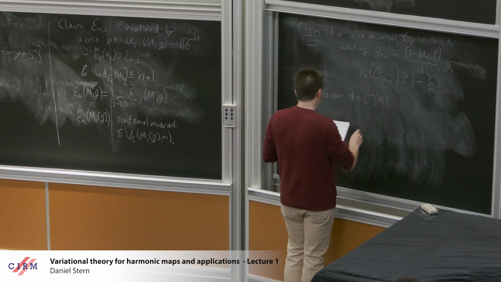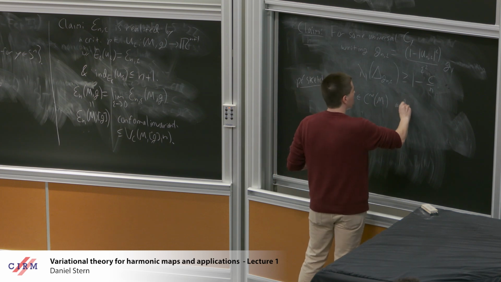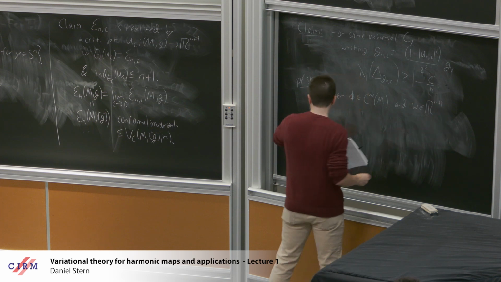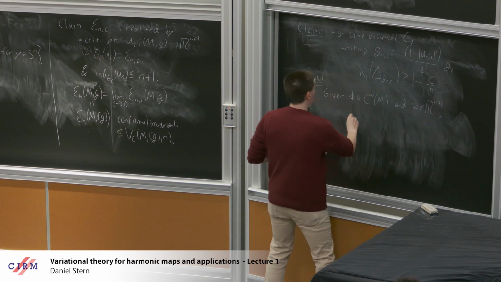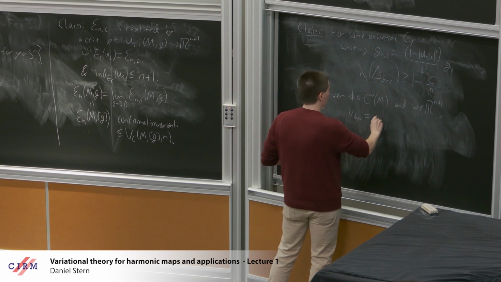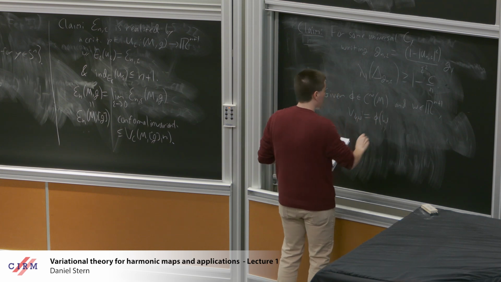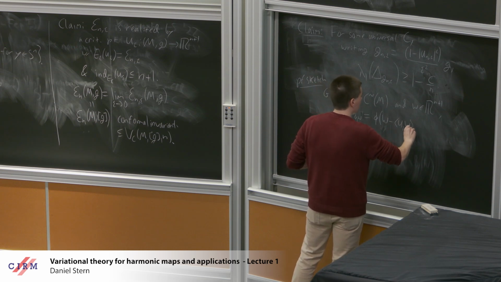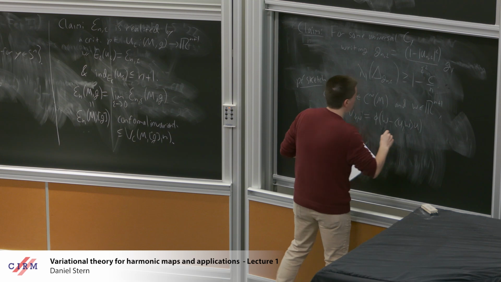a smooth function phi on M, and any vector w in R^(n+1), consider the vector field V_{phi,w}, which is phi w, the constant guy, right, minus (u dot w) times u.